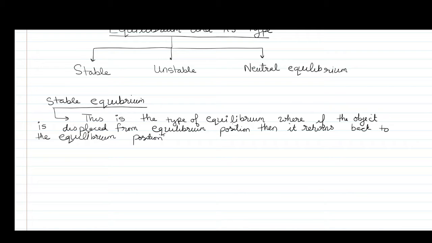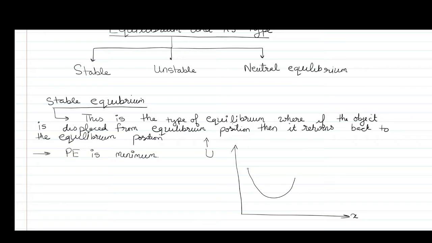This basically means that in stable equilibrium position, the potential energy is minimum. So if we draw the graph of potential energy versus x, suppose I draw it like this.